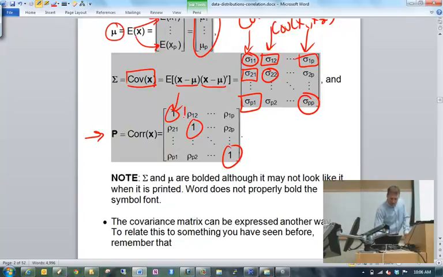Also, row 1, 2 and row 2, 1. Are those equal or not equal? They're equal. Okay, so this matrix, as we saw with the covariance matrix, is symmetric.